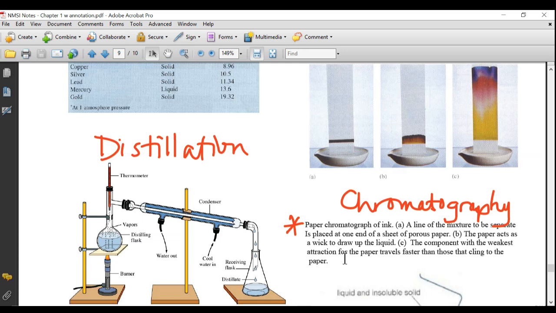Things that travel faster up the paper are going to be more chemically like the solvent than they are like the paper. If you look at our picture here, our blue purple inks at the top are much more like the solvent because they've moved up faster, and our yellow inks are much more chemically attracted to the paper, which is why they stay towards the bottom.